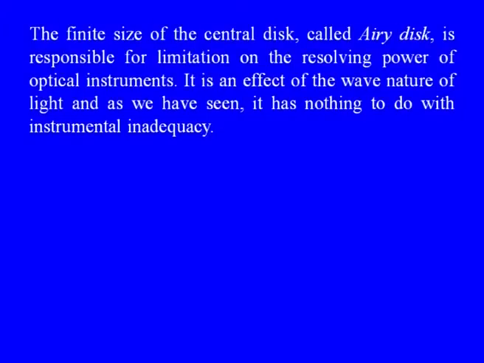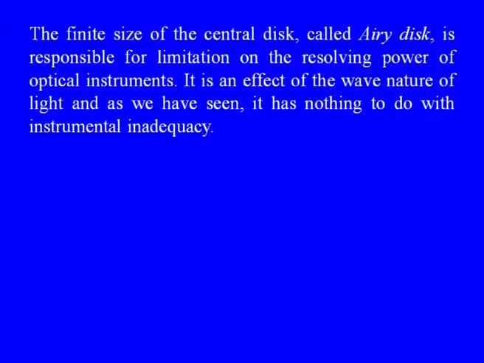So, the size of the disk becomes infinite essentially. See, the finite size of the central disk, this is called the Airy disk, and is responsible for the limitation on the resolving power of all optical instruments. You see, it is an effect of the wave nature of light, and as we have seen, it has nothing to do with instrumental inadequacy.